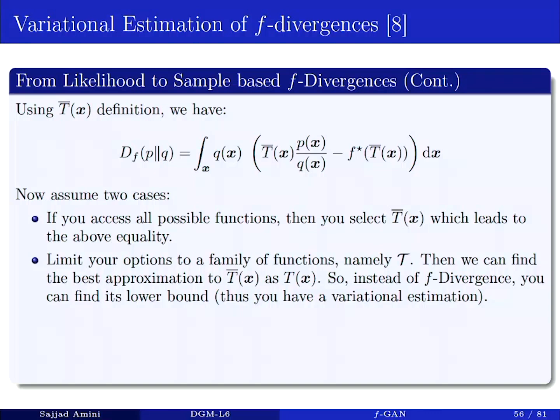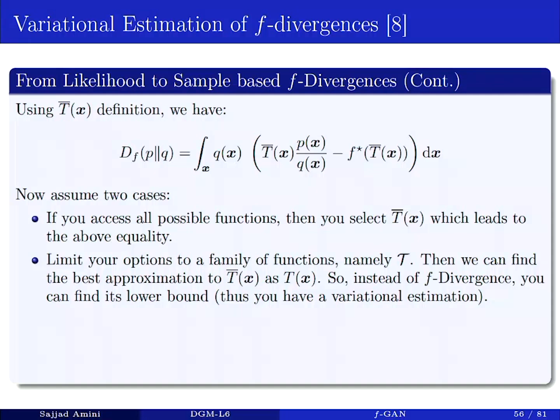Instead of the complete family of functions, which is all functions from R d to R, if you are capable of selecting any option from this complete set, then you have the equality.